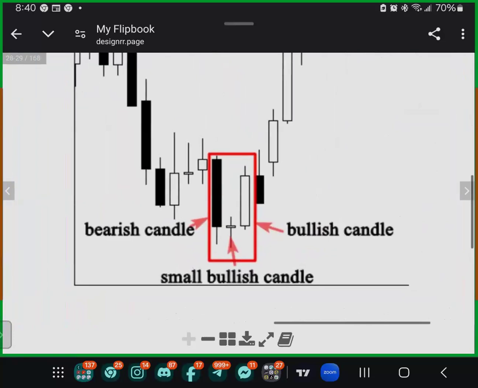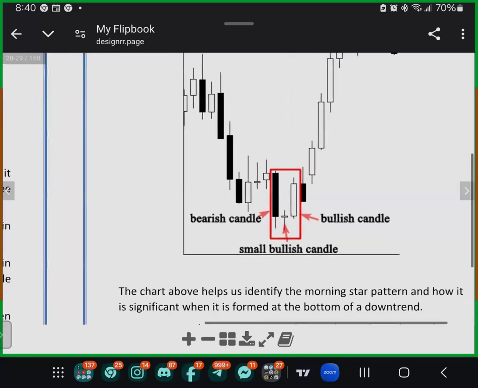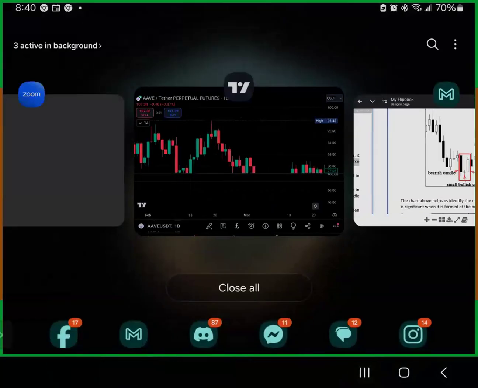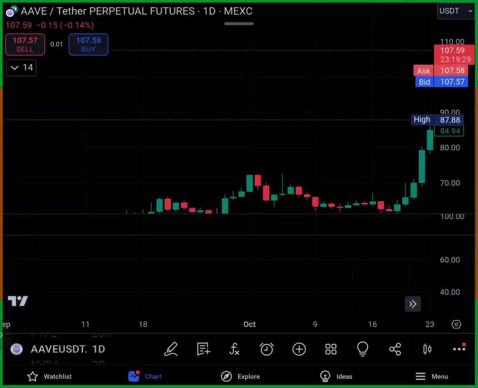You'll see the red candle, maybe like a doji, and then a bigger green candle, which is the bullish candle. So this is called the morning star. Let me see if I can find it.